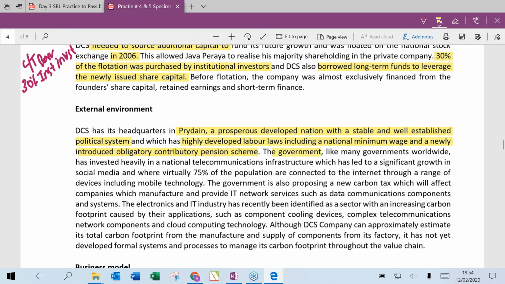The government, like many governments worldwide, invested heavily in national telecommunication infrastructure, which led to significant growth in social media, where virtually 75% of the population are connected to the internet through a range of devices. Very interesting. The government is also proposing a new carbon tax, which will affect companies which manufacture and provide IT network services such as data communication components and systems. So we will be affected.